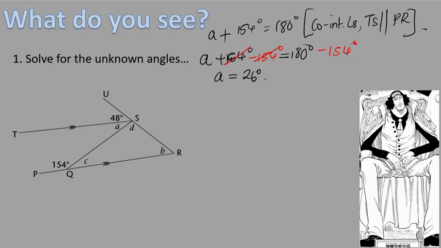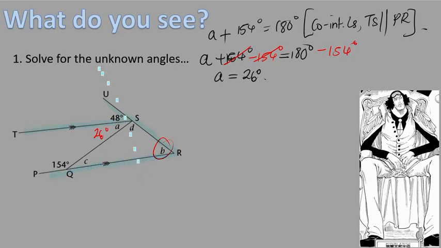I want us to go in order and see if that's possible. B. I'm saying this is how much? 26 degrees. Let me write it in red so I can be able to see it. 26 degrees. Now let's go to B. How do I find B? Now when it comes to B, I want you to see this here.